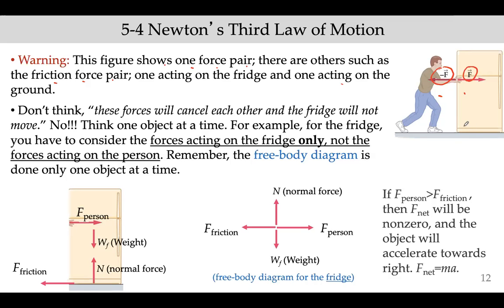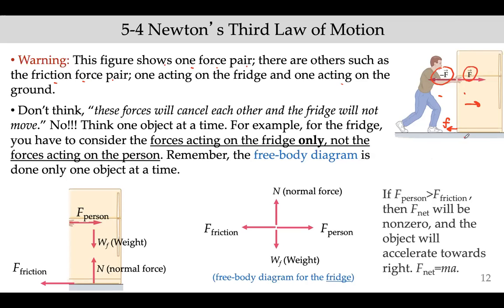On the fridge, if you push the fridge to the right direction, there will be a friction force on the fridge in the left direction, right? Okay, what about this? Or let me put it this way, is there also a friction force that the ground itself feels? Yes.